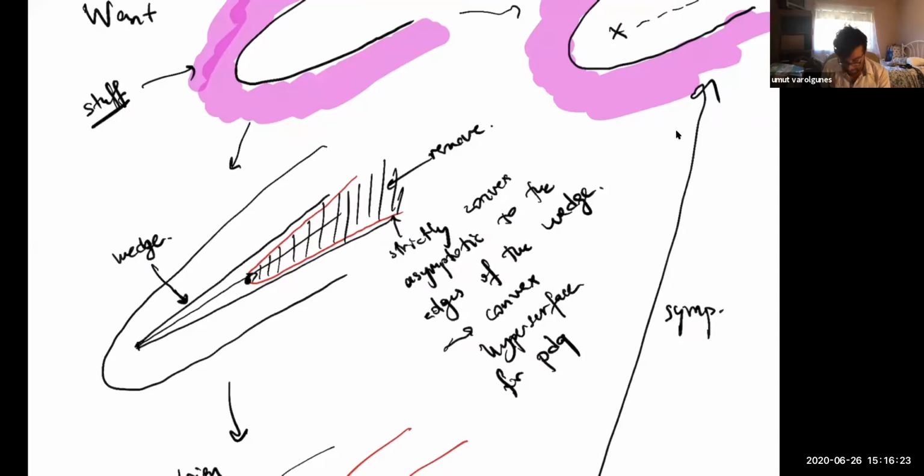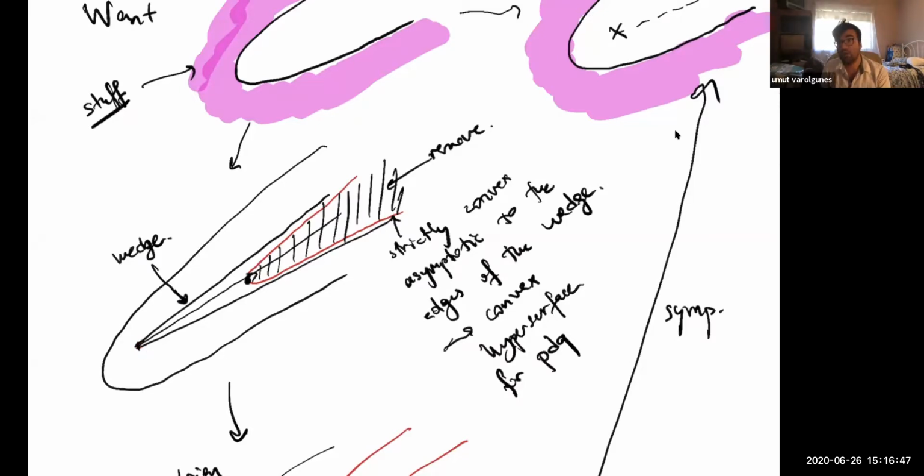Inside this wedge, I have a Liouville structure. The preimage of this red curve in the symplectic manifold gives me a convex hypersurface with respect to that Liouville vector field. There's no singularity, so the Liouville vector field looks radial, emanating from this point.